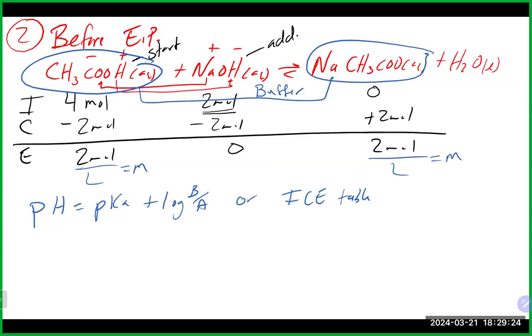And what is the buffer part is the end part. The strong base is gone at that point. So this is what sometimes is referred to as making the buffer in the solution. You make a buffer by taking a weak acid and strong base, but the strong base gets completely used up, and what you're left with at the end is a buffer. Any questions on that?